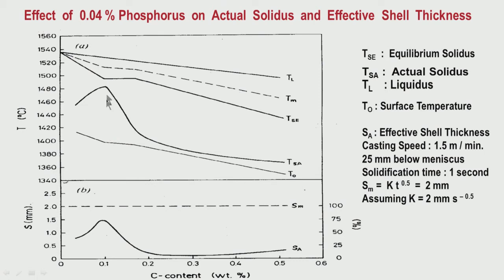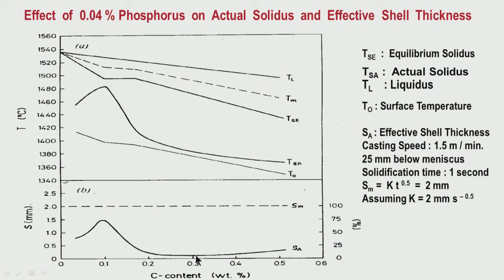If this difference is more, the solid shell will be deeper, and if this difference is relatively less, the mushy zone depth will be relatively less. So at 0.1% carbon, you see what is happening. The solid shell is relatively deeper, the mushy zone is quite less deep.